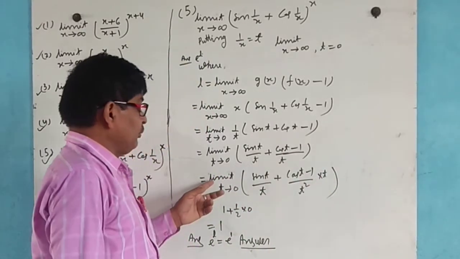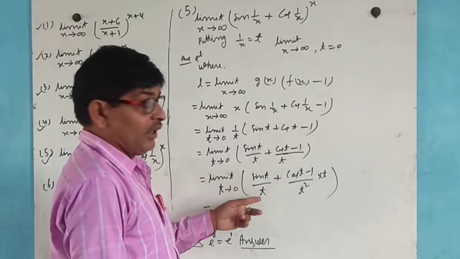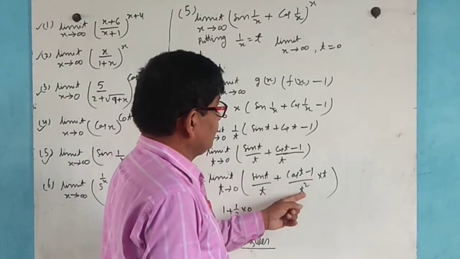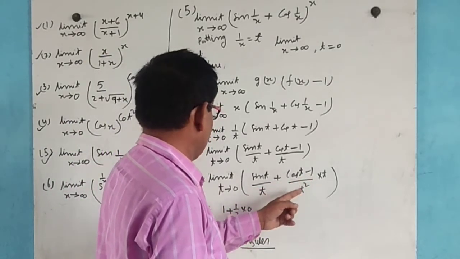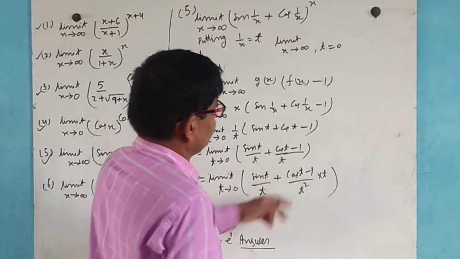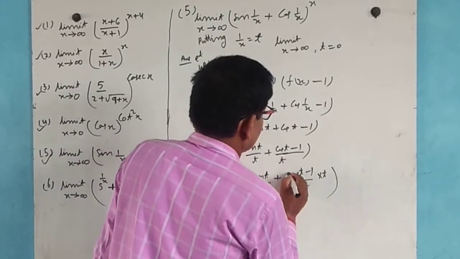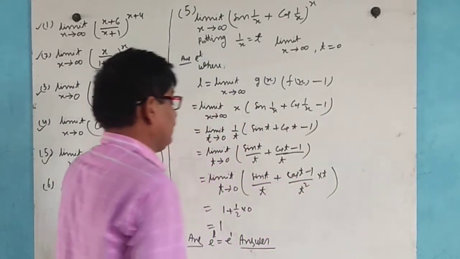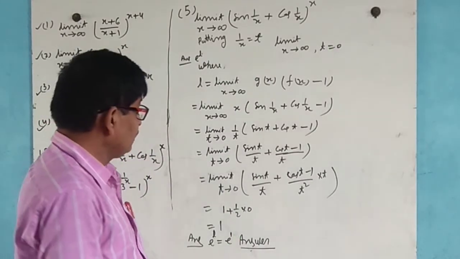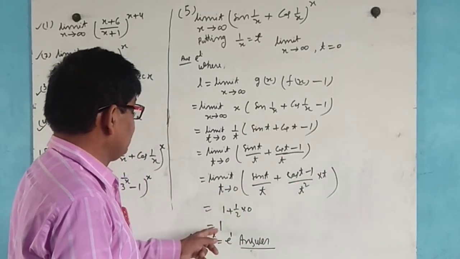We know that limit x tends to 0 sin x by x equal to 1, this is 1, and cos x minus 1 by x square equal to half, where cos t minus 1 by t square is equal to half, so that into t equal to 0, this becomes 0, this is 1.